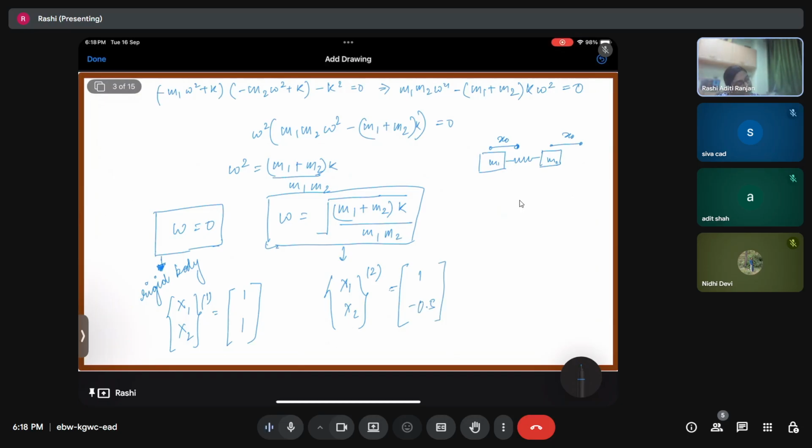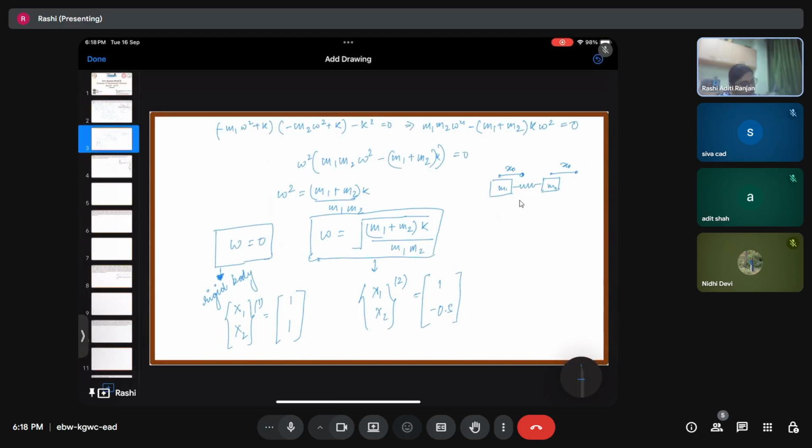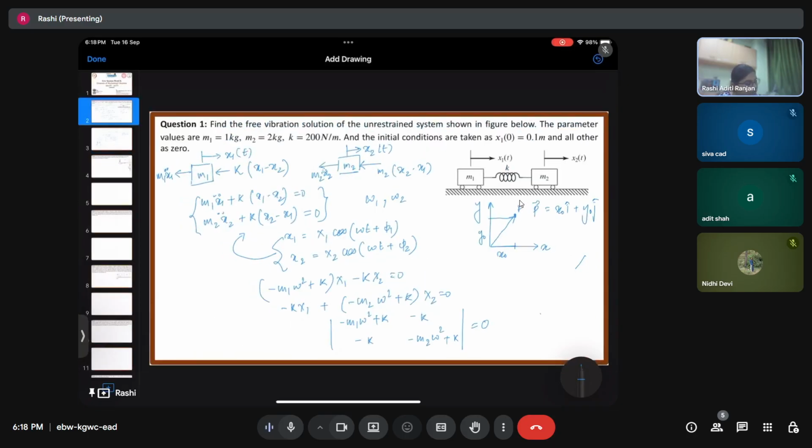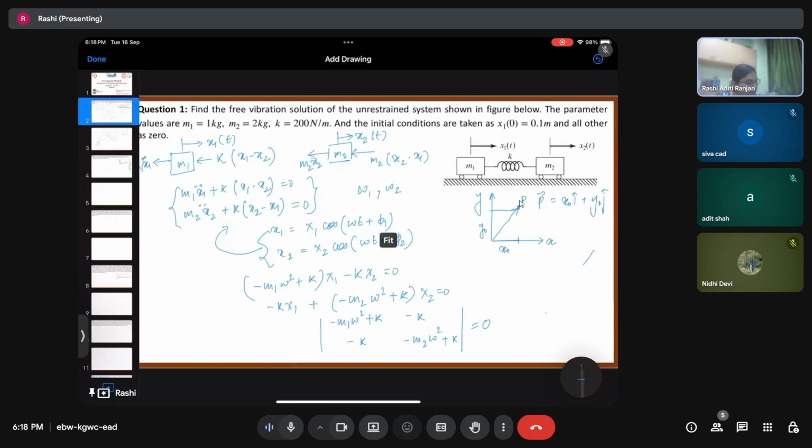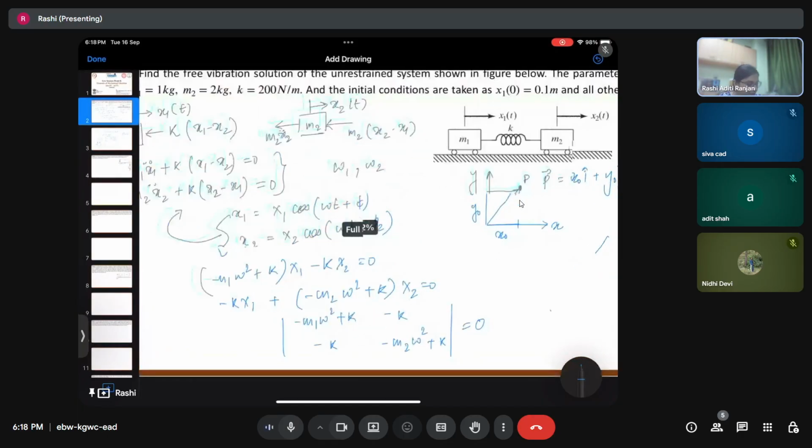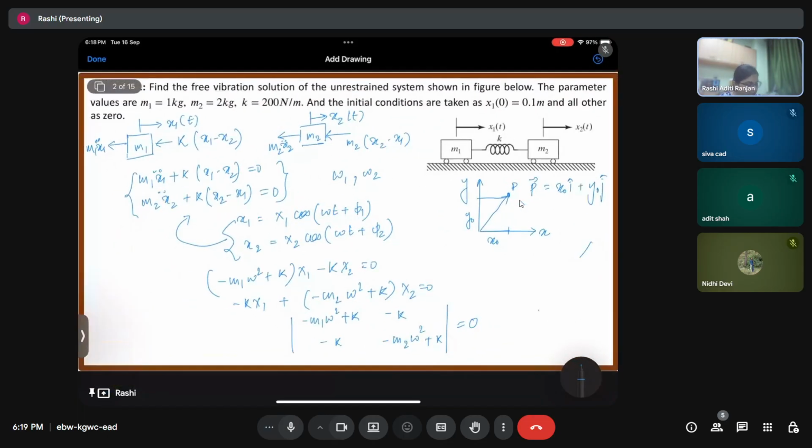Now we have the initial condition which is given in the question. We need to find out the free vibration solution. So we have x1 at 0 as 0.1.